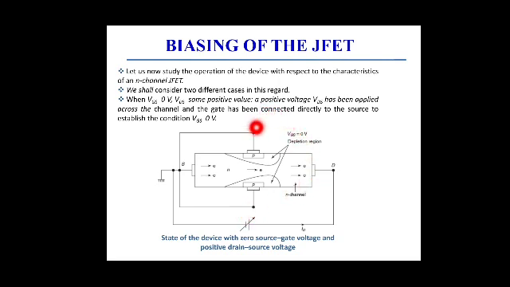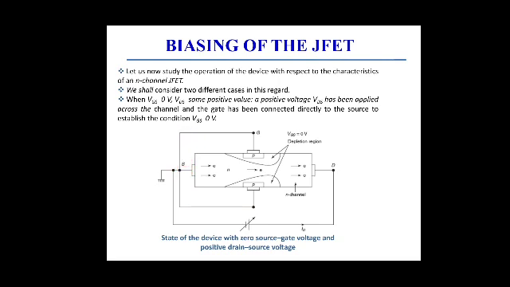And next, the gate terminal. The gate terminals are connected to the negative terminal. Here you can see this is the negative voltage, and whatever negative voltage is present here is applied to the gate. It is also applied to this gate and this gate.